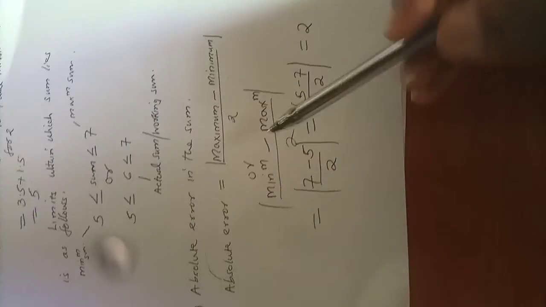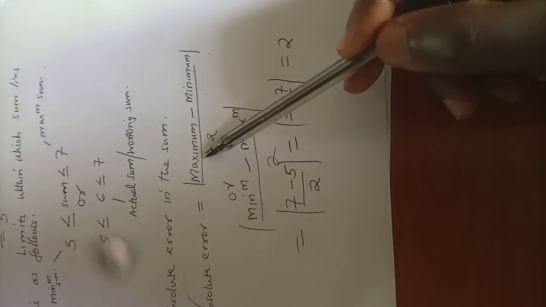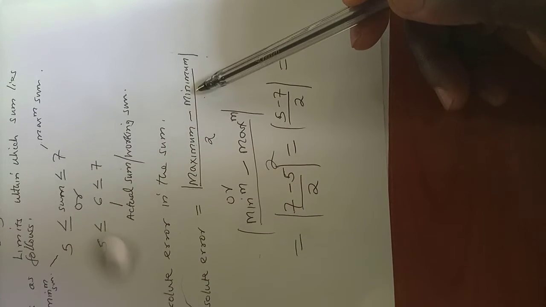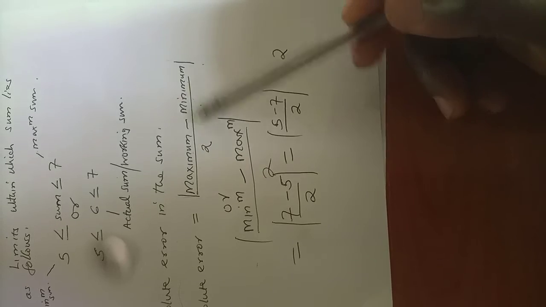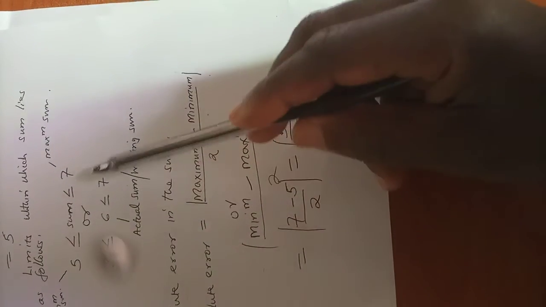Let us get back to our calculations. The absolute error here will be the maximum value minus the minimum value divided by 2, because we are at the extreme ends here.